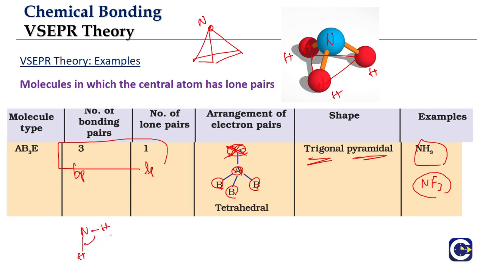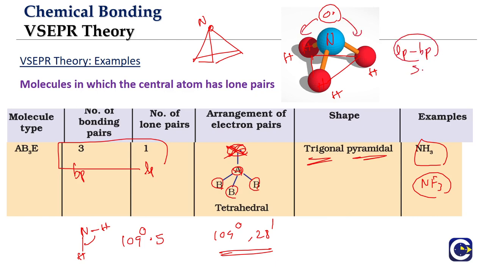Another thing is, if you look at the bond angle, the nitrogen hydrogen bond angle, normally as per the geometry, what is the expectation? Tetrahedral arrangement, means we'll expect the bond angle is 109.5 degrees or 109 degrees 28 minutes. But here nitrogen has the lone pair. So the lone pair bond pair repulsions will be stronger than the bond pair repulsions.